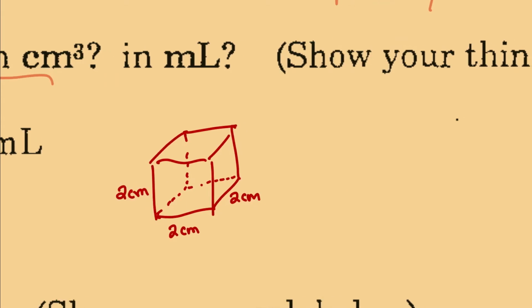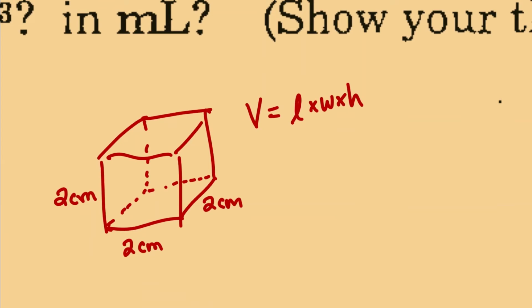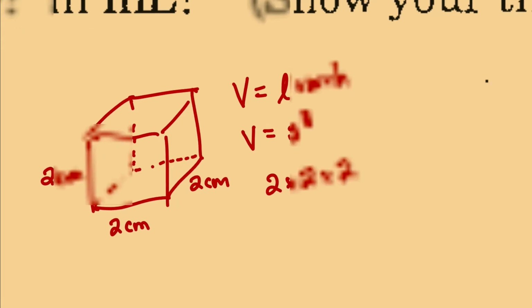Well, I know from my geometry class that the formula for the volume of a cube can be calculated length times width times height. Or I guess that's really any rectangular solid. For a cube, we really just need to do side length cubed, which is, in this case, 2 times 2 times 2.